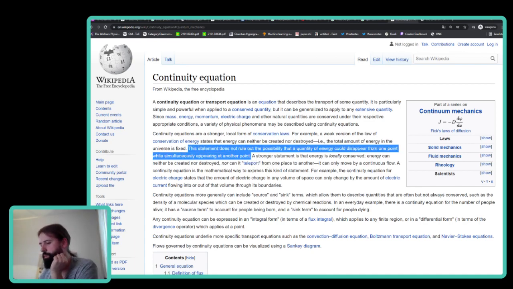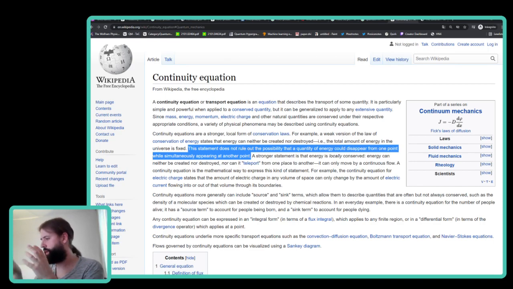So this is just a math way to say that the conservation of energy is locally smooth, right? Of course it's a zero-sum game, but you can't have a bunch of energy suddenly disappearing here and then appearing there. There's going to be a smooth transition, and it's the same with probabilities, I guess.